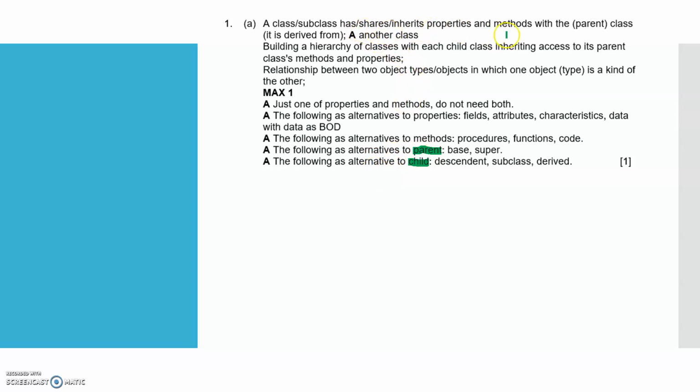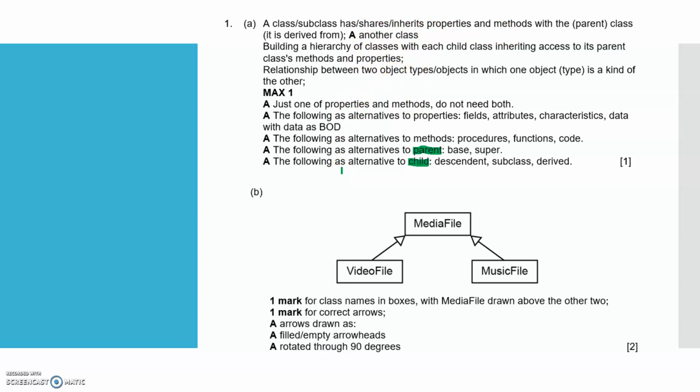And just look for the language and how you explain these definitions, because that is quite an important skill to have. Then we have the actual diagrammatic representation of the classes, and notice again it's an inheritance relationship, so we have the two subclasses inheriting from the media file, and the denotation of that with the hollow arrow. So hopefully that was okay.